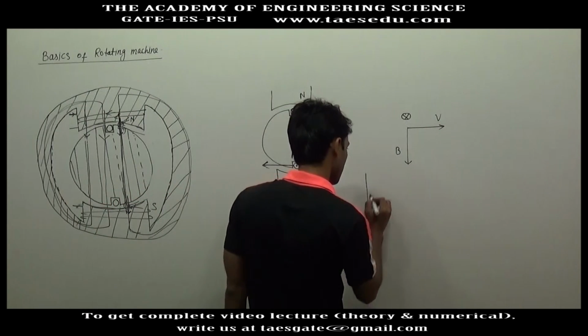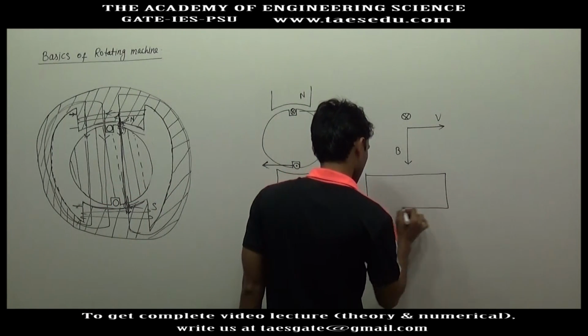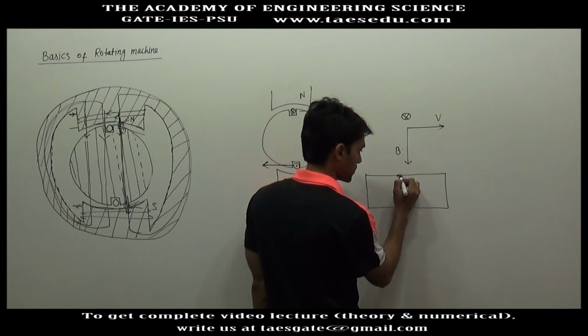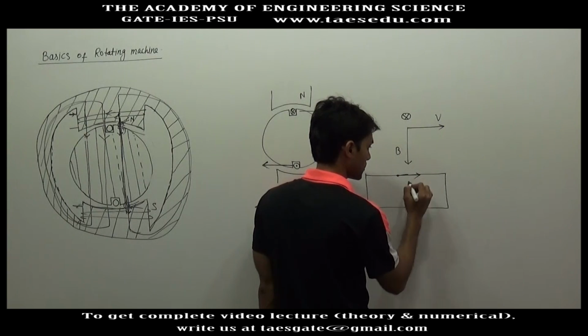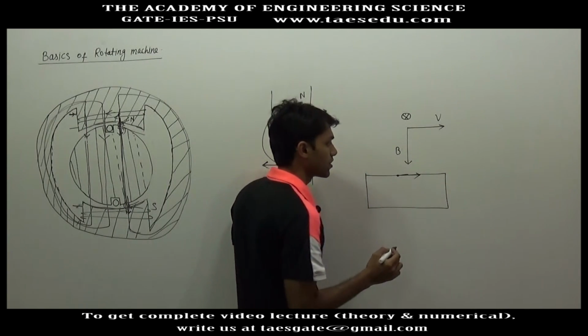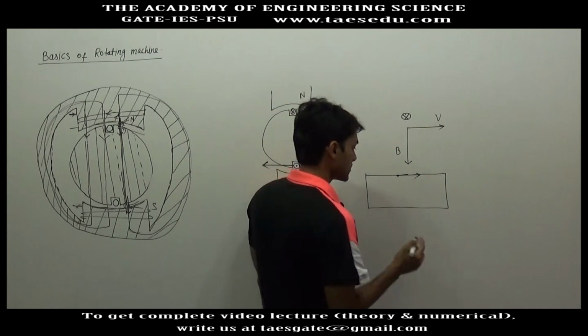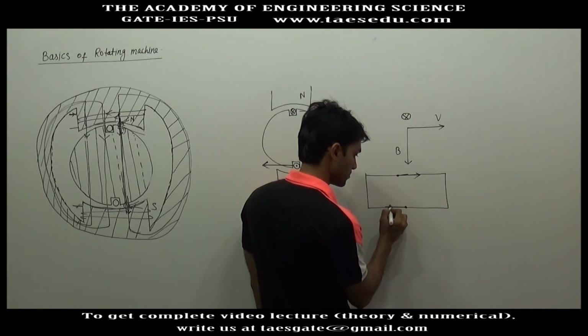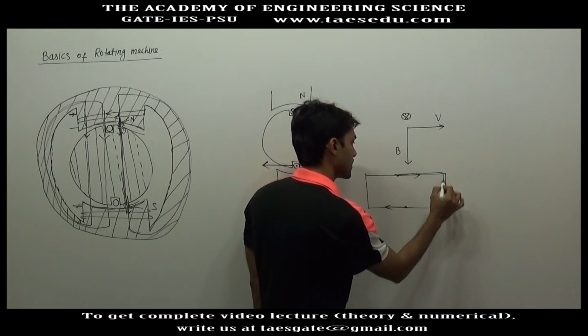Suppose there is a conductor, this is the conductor. If on the upper part of charges the direction of force is in the right direction, then for the flow of current it is necessary that on the lower part of charges the direction of force must be in the opposite direction. Only then can current flow.